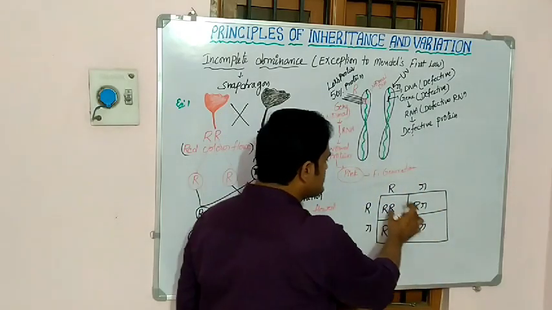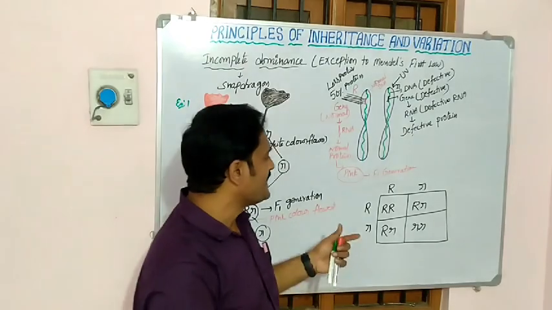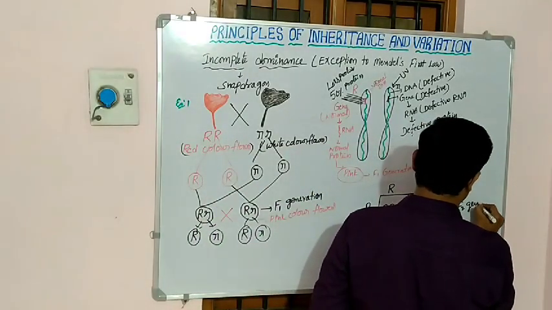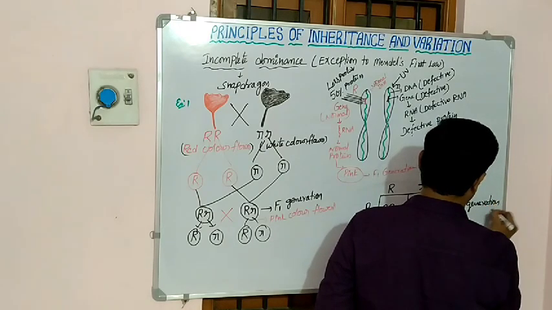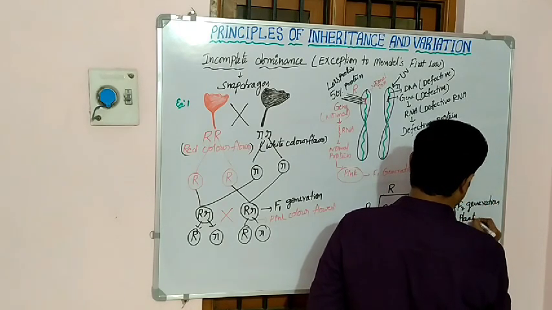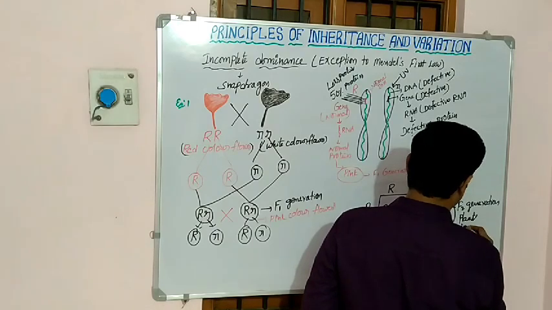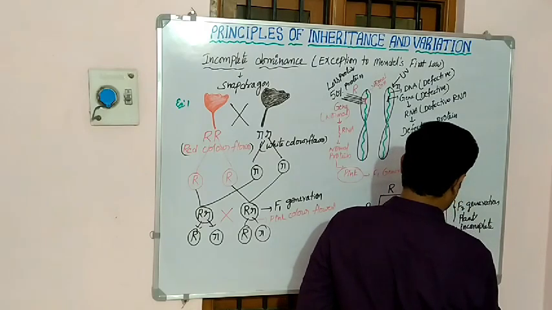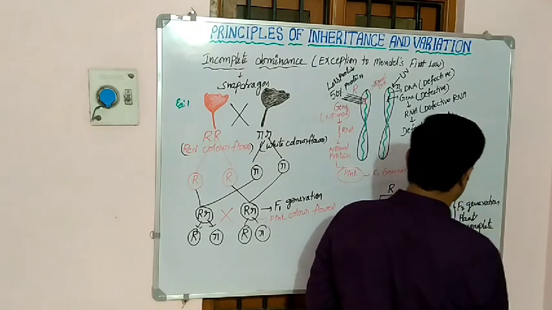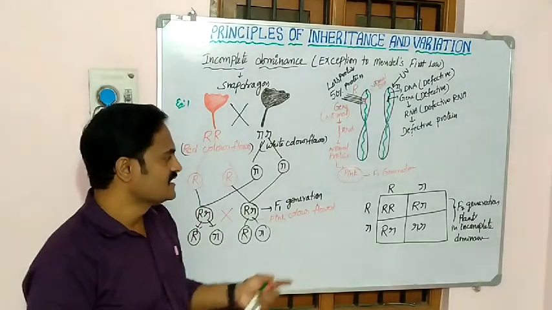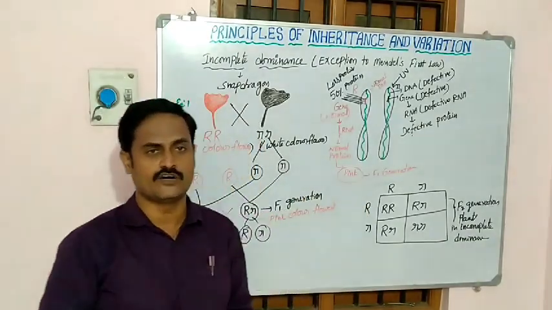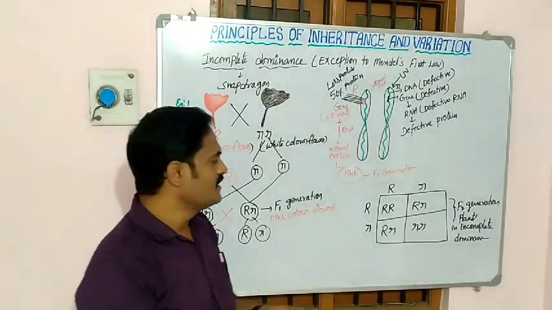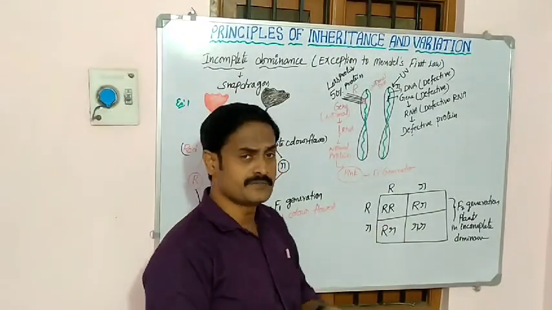So these four plants are F2 generation plants in incomplete dominance. Remember, it is not complete dominance, it is incomplete dominance. Okay, find out the phenotypic ratio of the F2 generation in incomplete dominance.